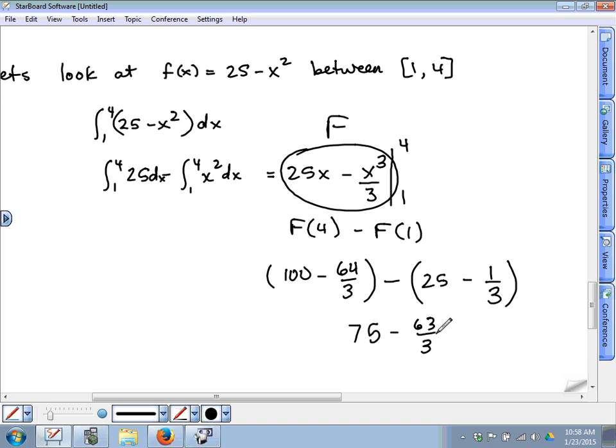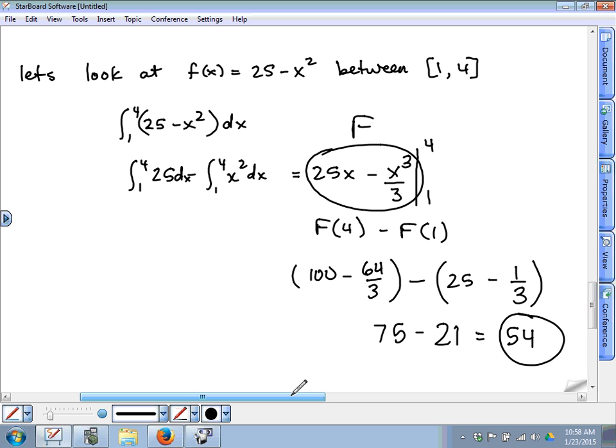But 63 thirds is just 21, and that equals 54. Look at that! I love math. So rather than having to do those summations with limits, we can do it this way.